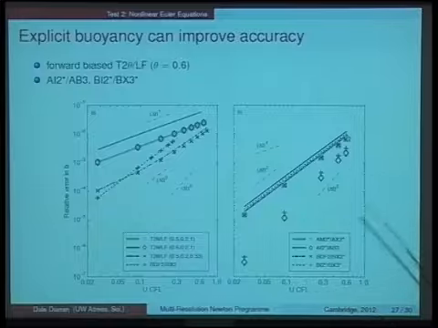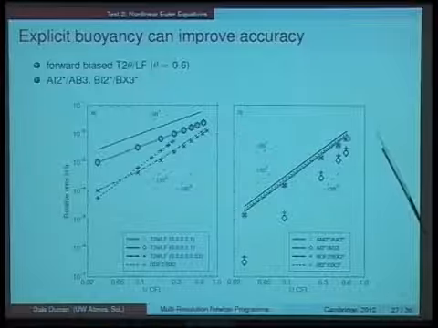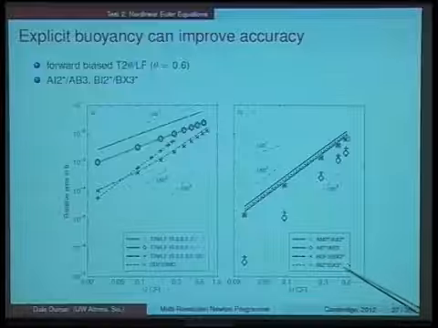Okay, now we go over to this case. And what we see here is that if you treat only the sound wave acoustic part implicitly and do your third order accurate solution with either this third order Adams-Bashforth method or the third order backward method, you get very nice results.